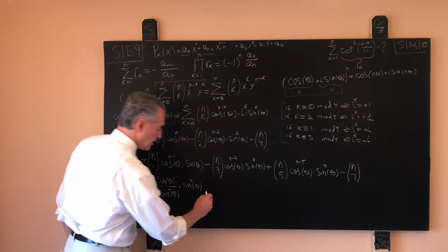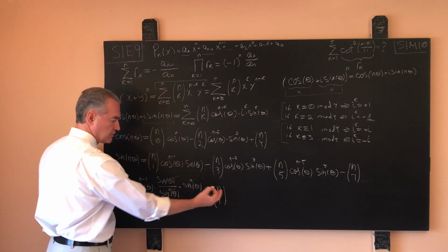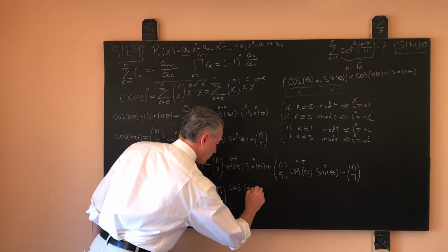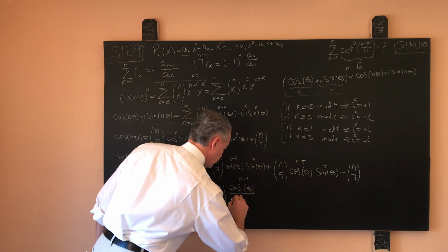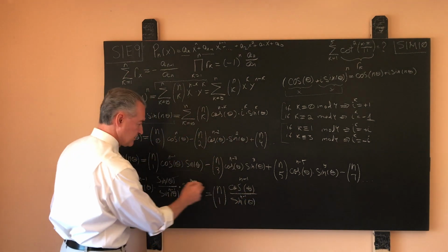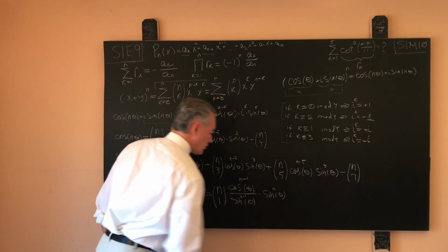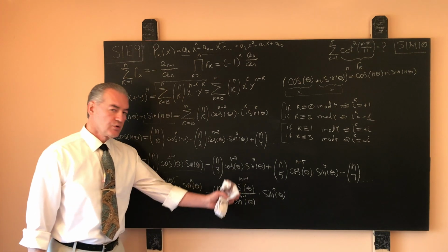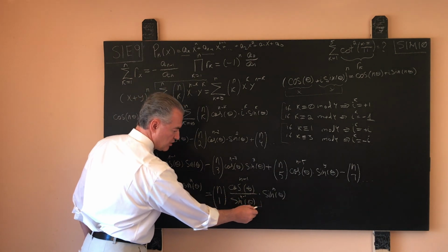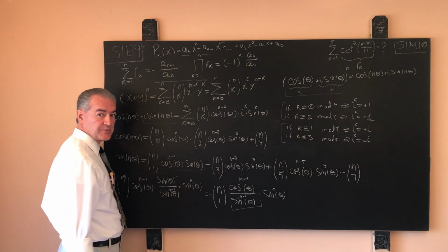What will happen is that we will carry our n choose 1 binomial coefficient as it was, and this will be equal to cosine of theta raised to the power n minus 1 divided by sine of theta raised to the power n minus 1, times sine of theta raised to the power of n. And what do we see now? We managed to manufacture precisely the trigonometric function that we're given in this specific problem.